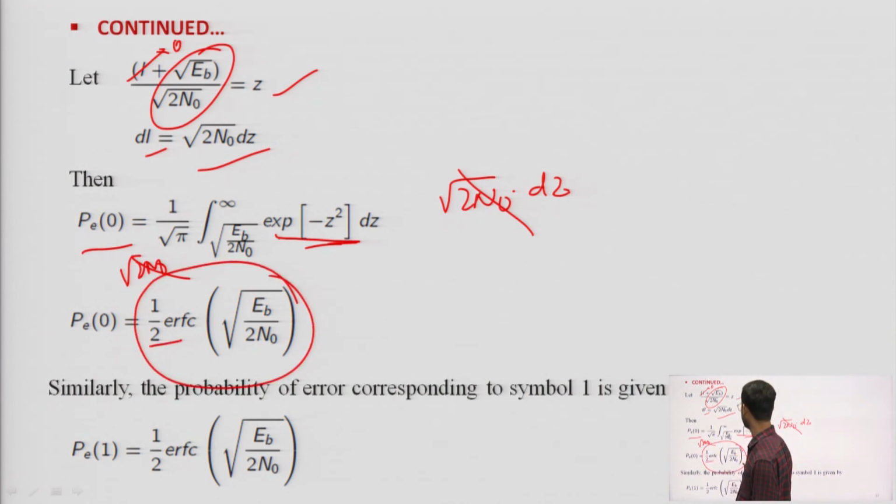Similarly, the probability of error corresponding to symbol 1 is P_e1 equal to half erfc of root EB by 2 N naught.